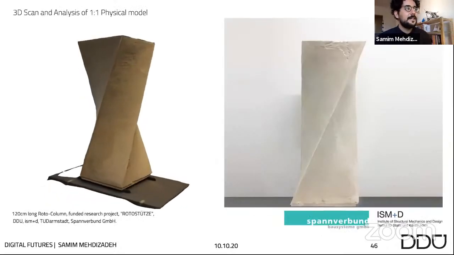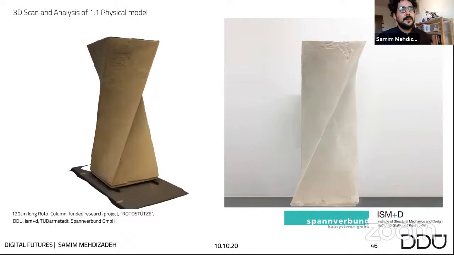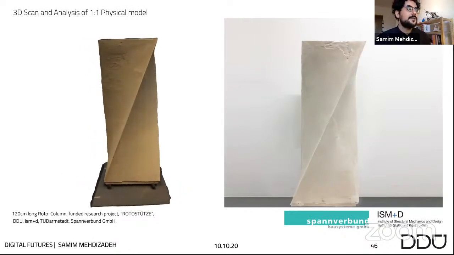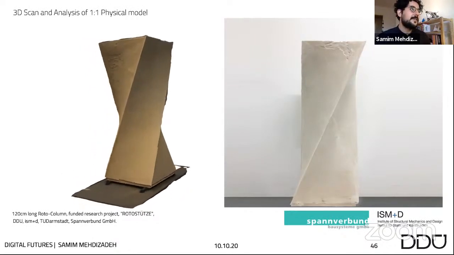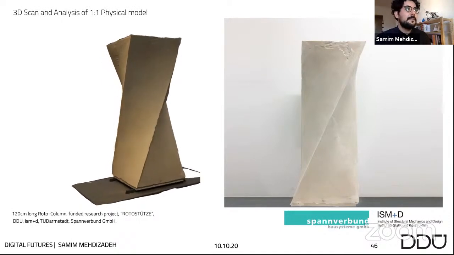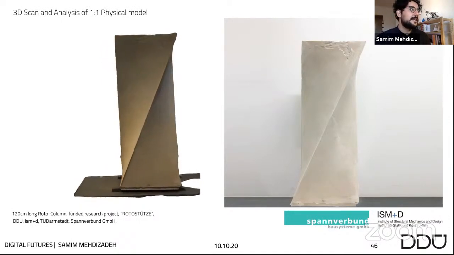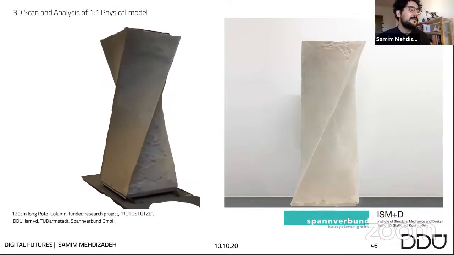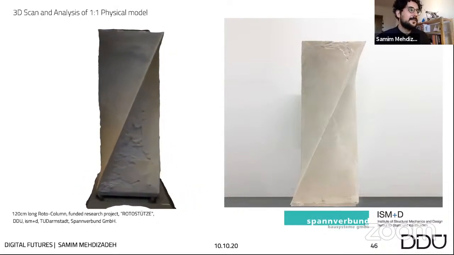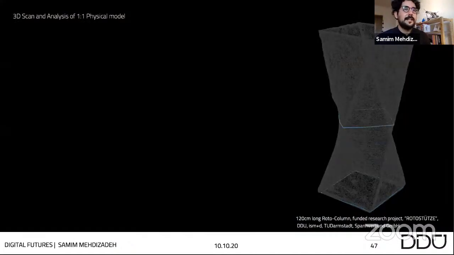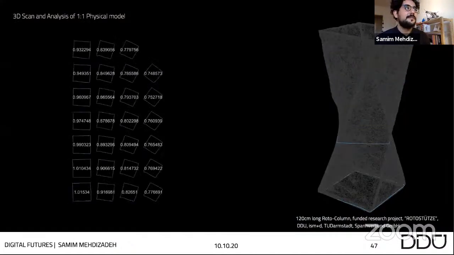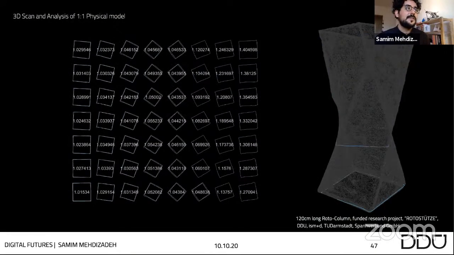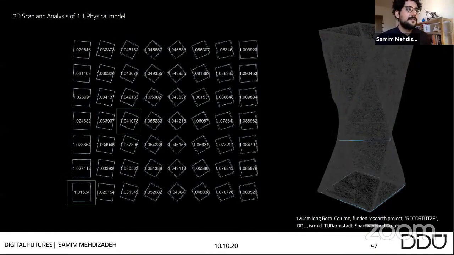As one of the early prototypes, we started to prototype and materialize approximately 1 meter 20 centimeter long, and by using different digital tools such as 3D scanning, we can have a better understanding of the deviation of these thin sheets of hyperelastic membranes.